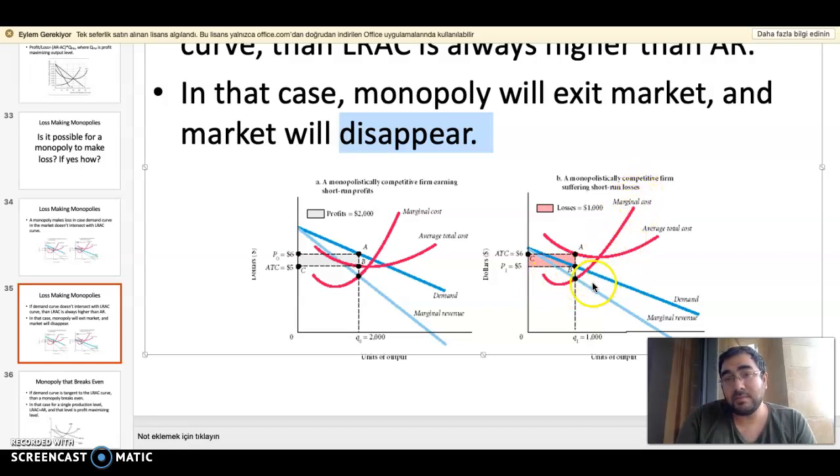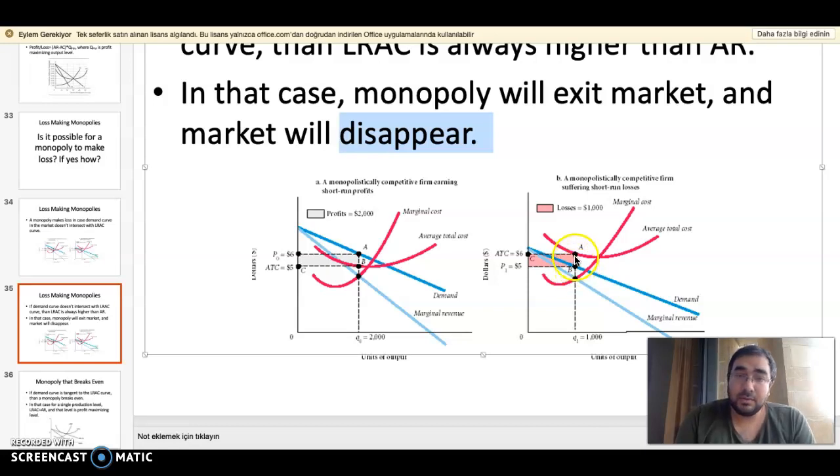You find the intersection of the marginal cost curve and marginal revenue curve. And when you go up, you first find the average revenue curve, and then you find the average cost curve.